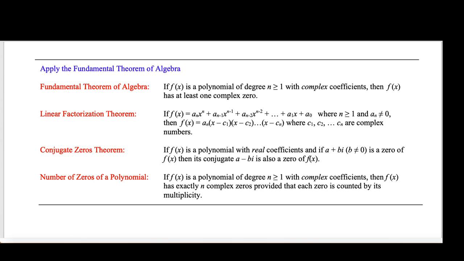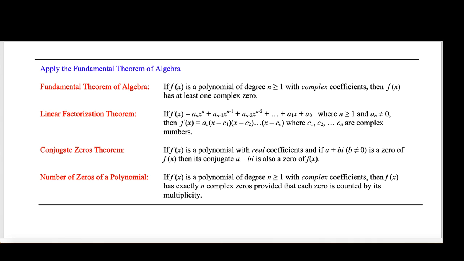Its conjugate. The number of zeros of a polynomial: if f of x is a polynomial of degree n greater than or equal to 1 with complex coefficients, then f of x has exactly n complex zeros, provided that each zero is counted by its multiplicity. So this one is simply stating that the number of zeros of the polynomial will exactly equal the degree of the polynomial.